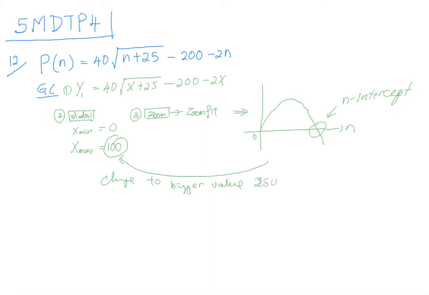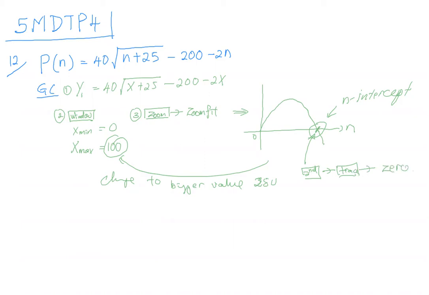Okay, so the graph will go like that, right? Can you find this value? Do you know how to find this value using your GC? Okay, so you go to second trace, select 0.